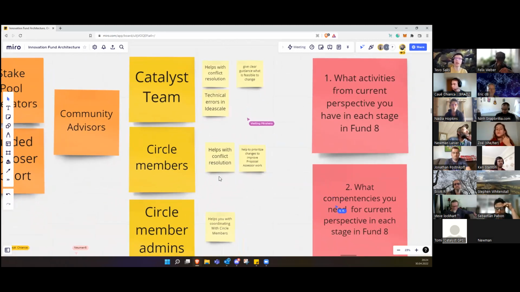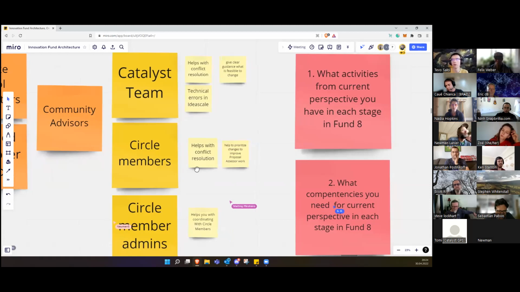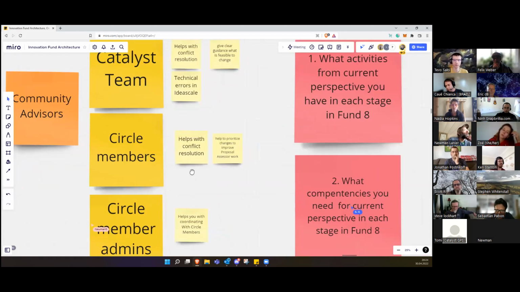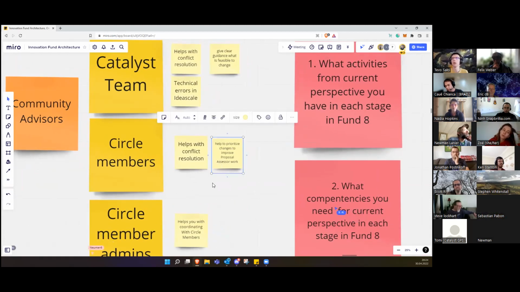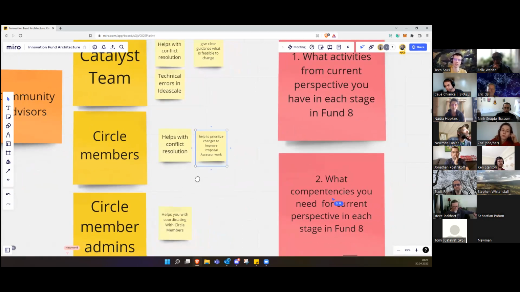Circle members help with conflict resolution. Same again, so that we perhaps don't push everything to IOG right away, but use circle members as the buffer to capture some kind of conflict resolution, and maybe they can already address some. And they help to prioritize changes to improve proposal assessor work.